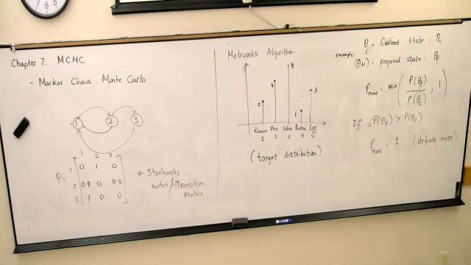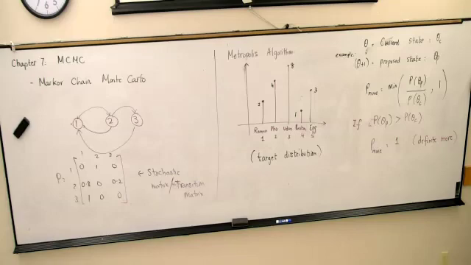So the chance of leaving is greater than the chance of staying. Well, the chance of going to some proposed state is bigger. Or if they're all bigger than where you currently are, then you'll definitely go somewhere.